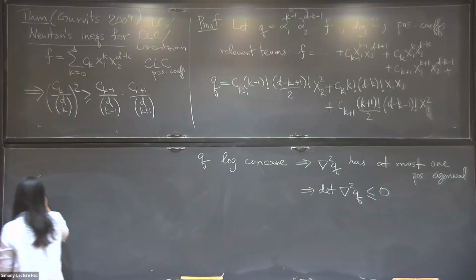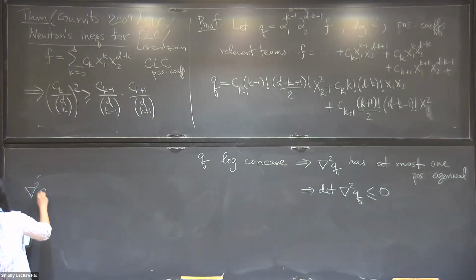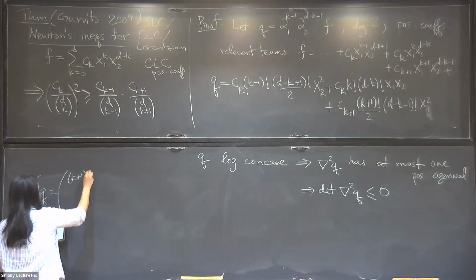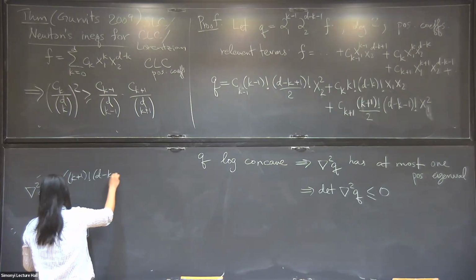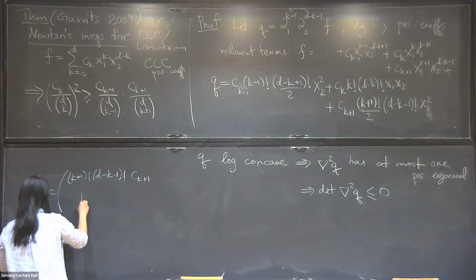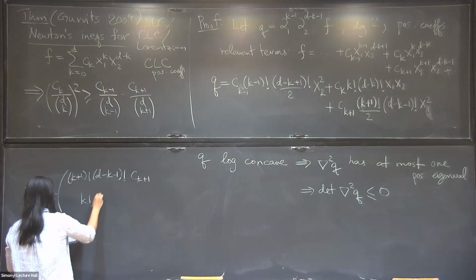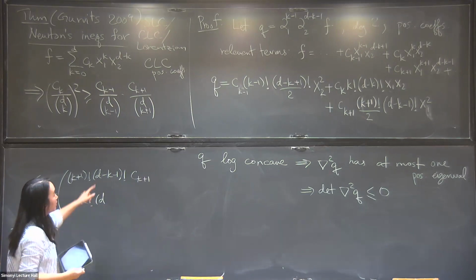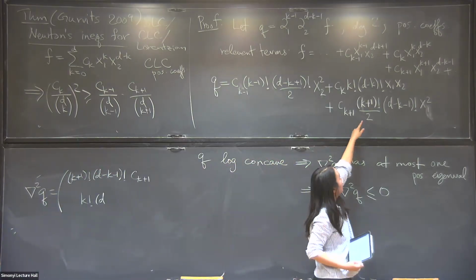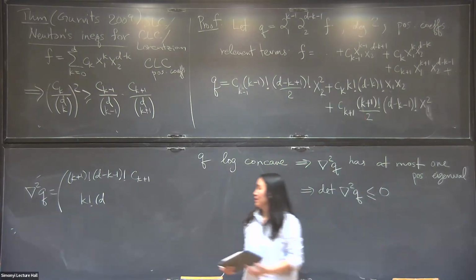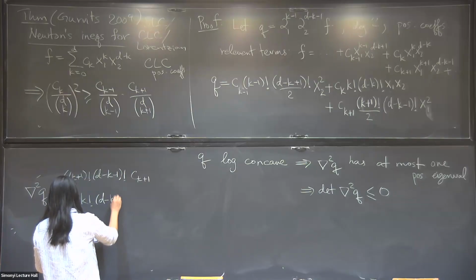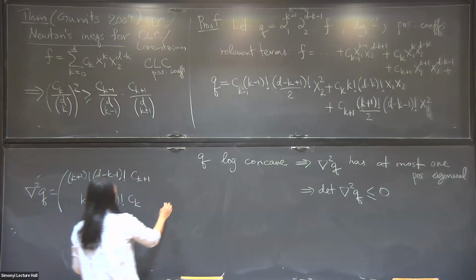Let's write down the Hessian. It is going to be (k plus 1) factorial times (d minus k minus 1) factorial times c_{k+1}. This is the second derivative with respect to x1, so this cancels out the 2 in the denominator. Okay, times (d minus 1) factorial times c_k.